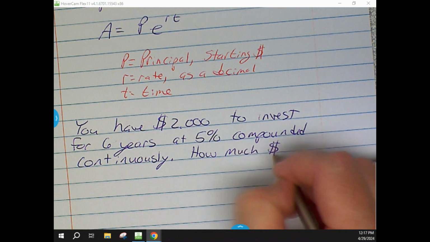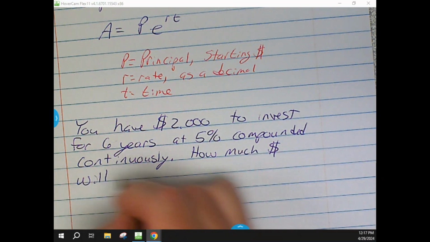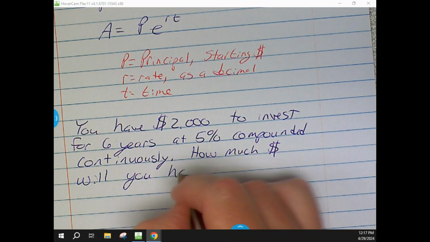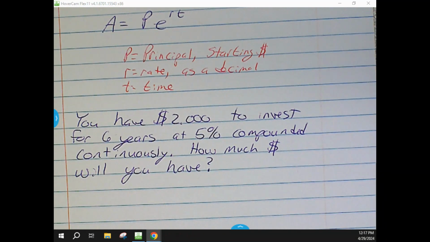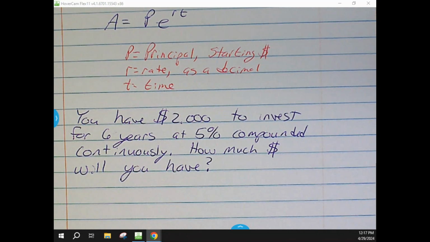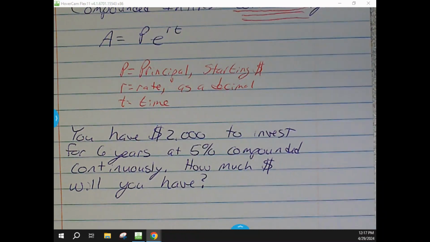How much money will you have? Again, it's a word problem, but it's an easy word problem because you've got everything you need. I don't think they get real tricky on these.